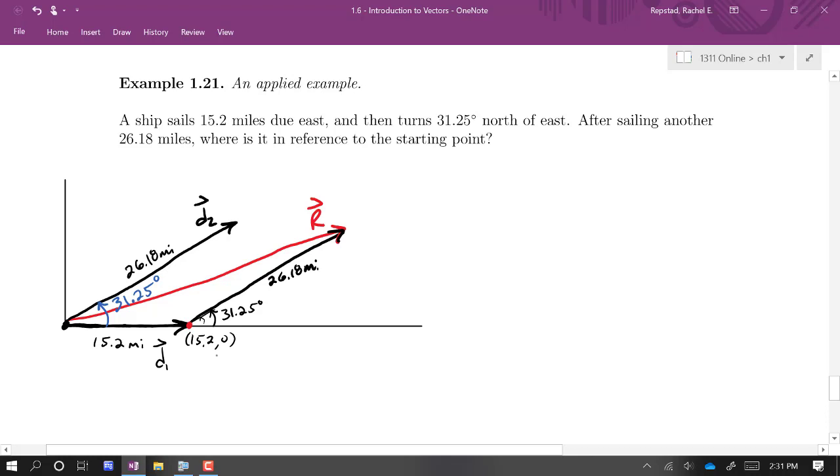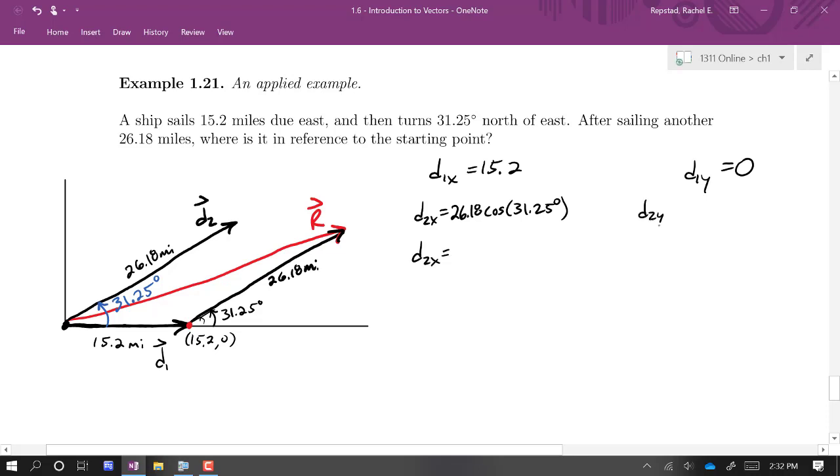So D1x is 15.2 and D1y is 0. For D2, we'll need to use our formulas. D2x is 26.18 times cosine of 31.25 degrees.